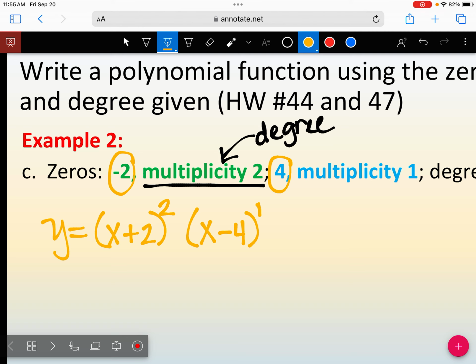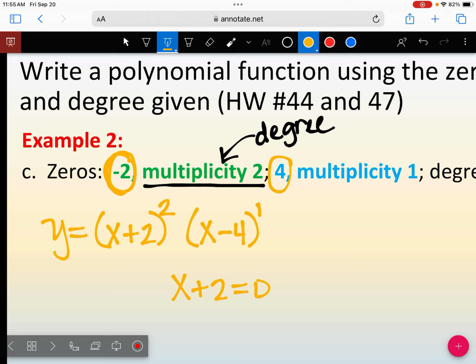Yeah, why every time parentheses and we multiply them, you switch the sign? Okay, so that's a good question. So if we have x plus 2 equals 0, what would x equal? So in order for me to get a 0 at -2, my factor has to start off with the opposite.